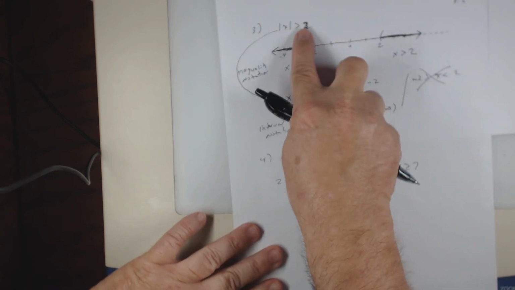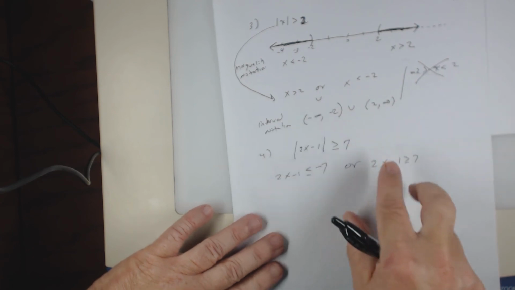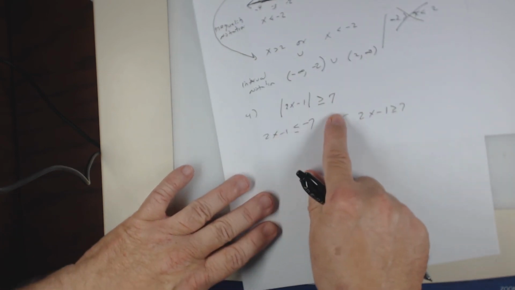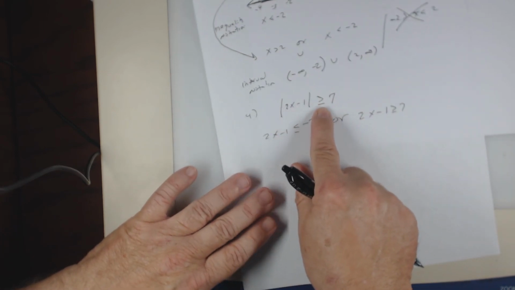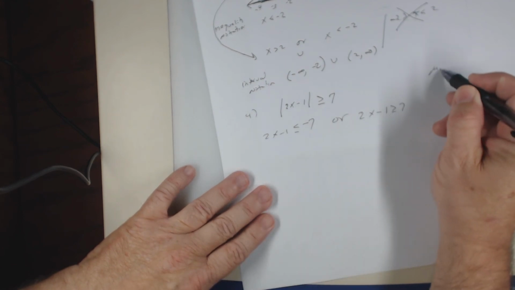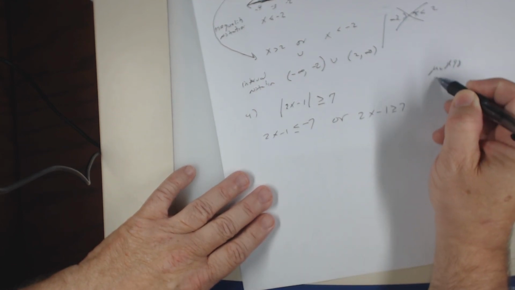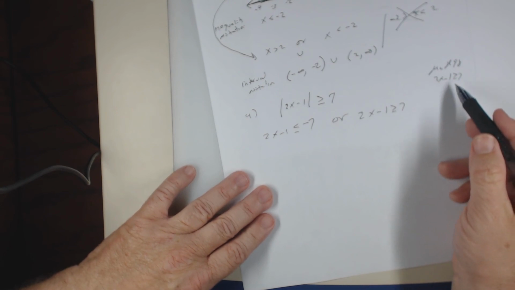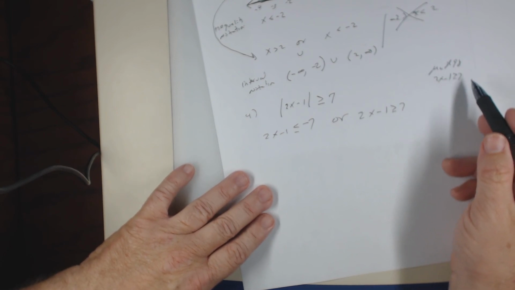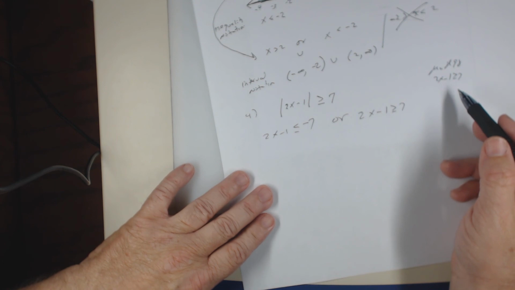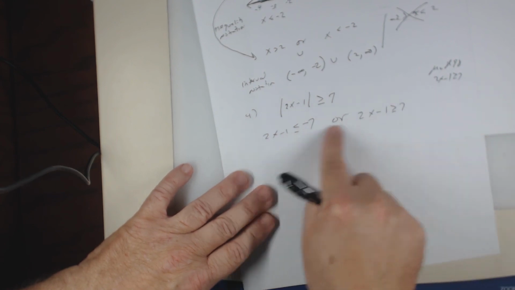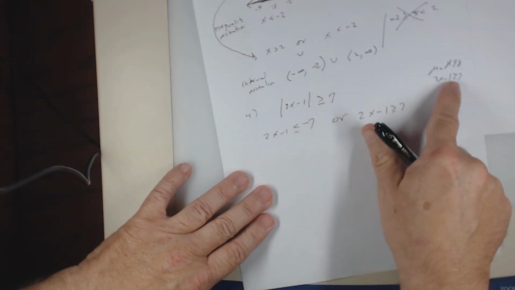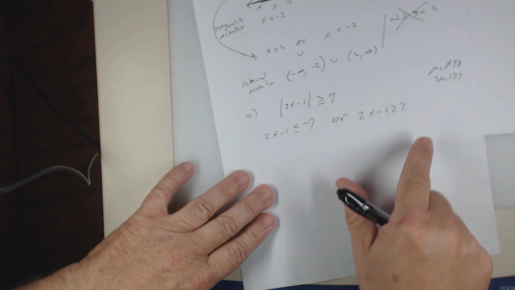If this was strictly an inequality, like in Math 98, you had 2x minus 1 is greater than or equal to 7. That's just a linear inequality, right? You would add 1 to both sides and then do what? Divide by 2. That's not this. This is absolute value.